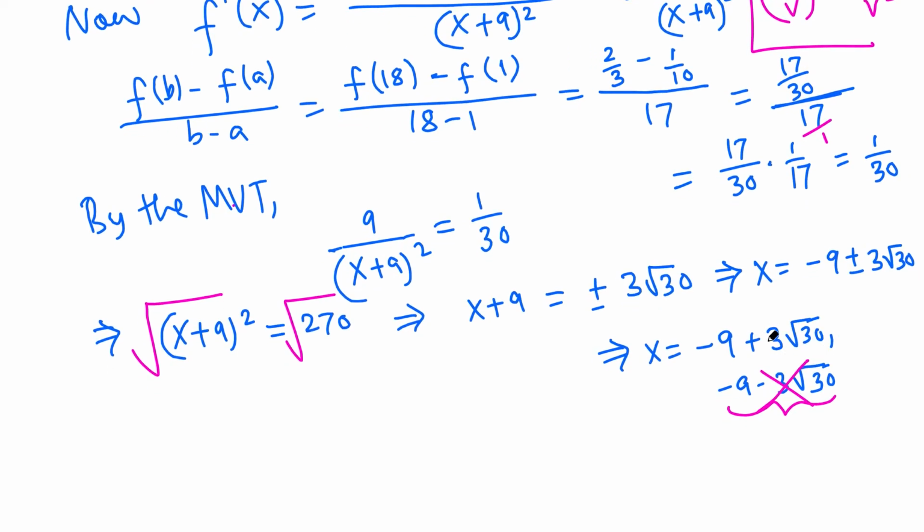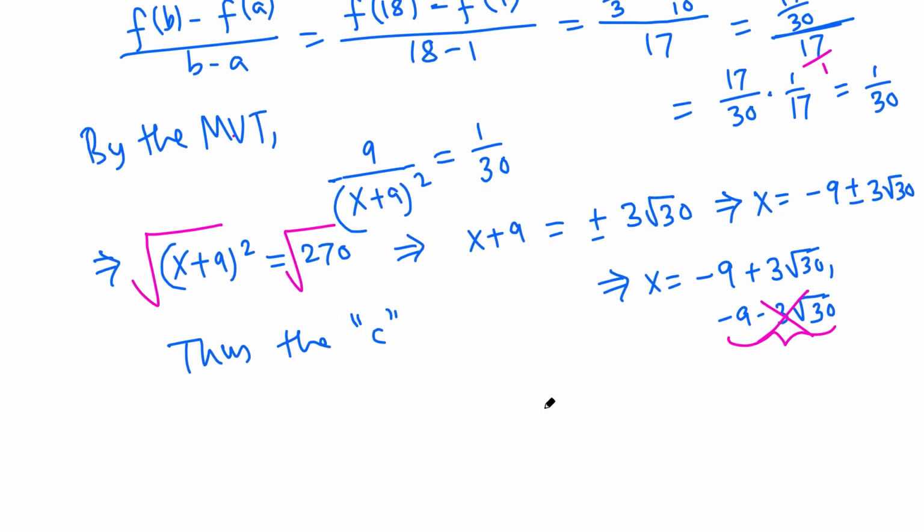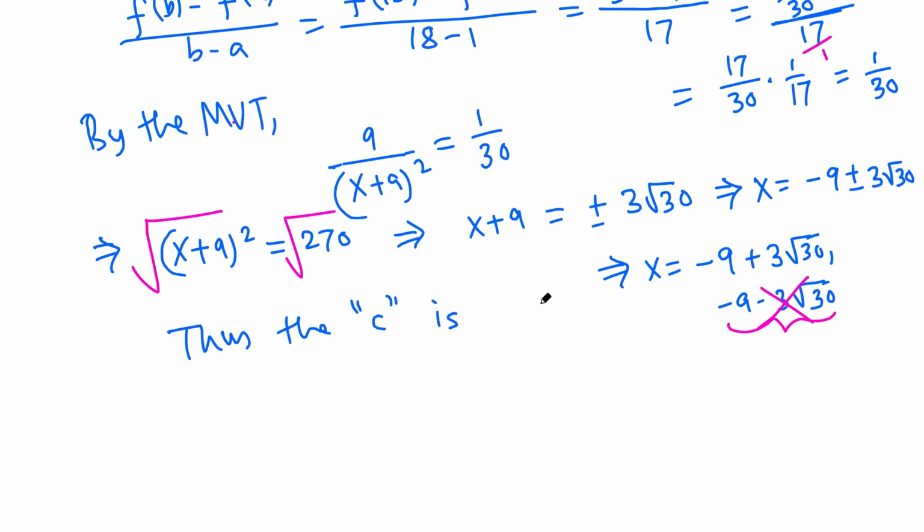Okay, just try, and that's the c we are looking for. Thus, the c guaranteed by the mean value theorem is c equals negative 9 plus 3 root 30, or maybe let's put the positive number first, 3 root 30 minus 9. And these are unlike terms, so we cannot simplify and never go for decimals. This is the final answer.